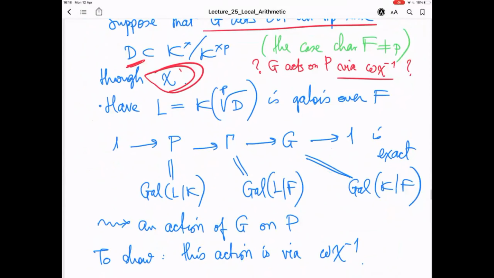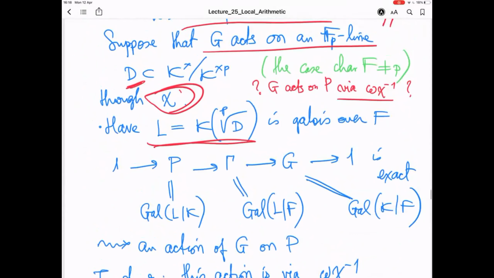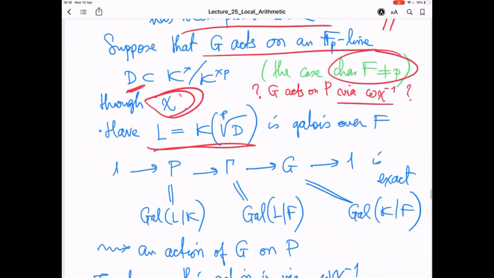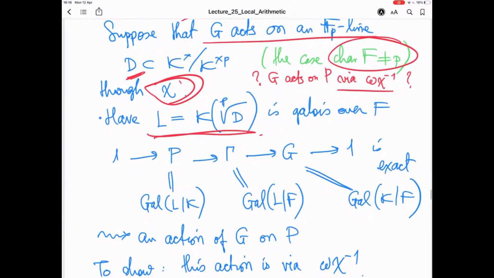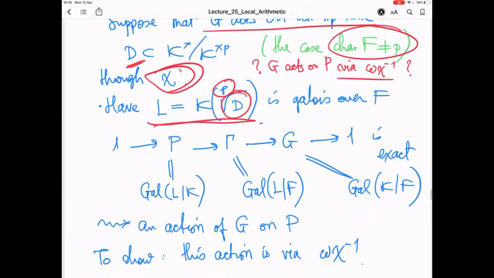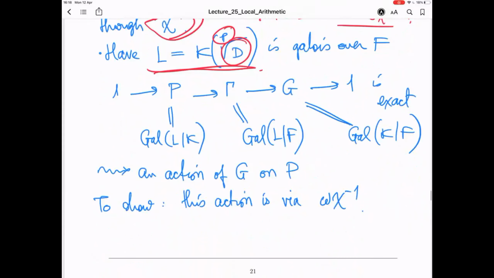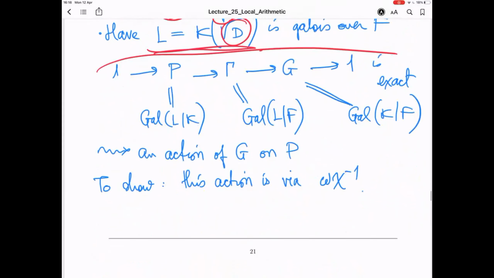So what is L here? L is obtained from K by adjoining. So I'm going to prove it in this case first. The characteristic of F is different from P. In that case, L is obtained by adjoining the pth roots of everything in D. And this is the short exact sequence which I've already been talking about.